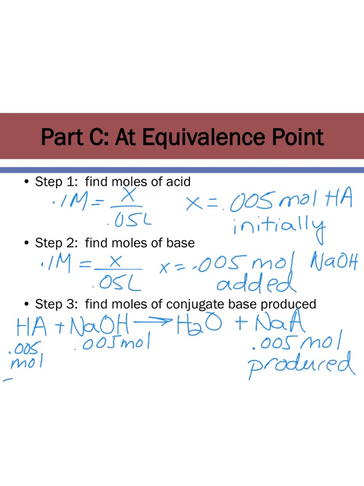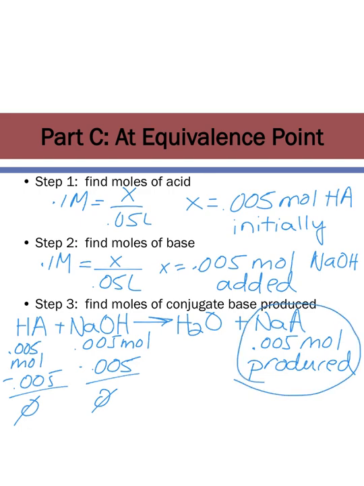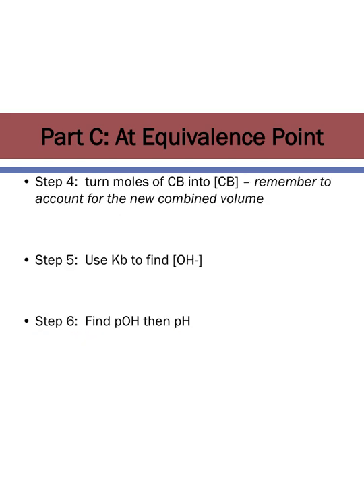Because these will totally react, go down to 0, but they will produce that much of our conjugate base. And again, we don't care about the sodium ion. That's not going to affect our pH, but the conjugate base will certainly affect our pH.